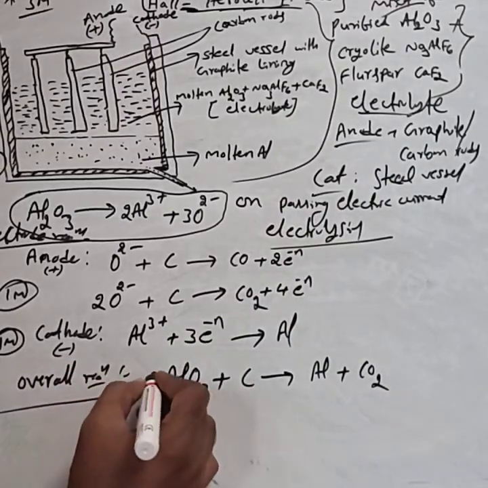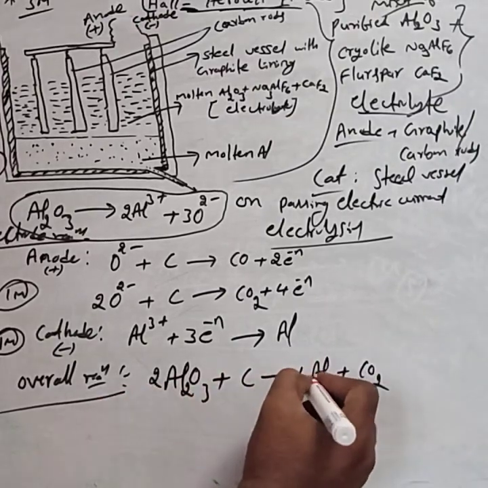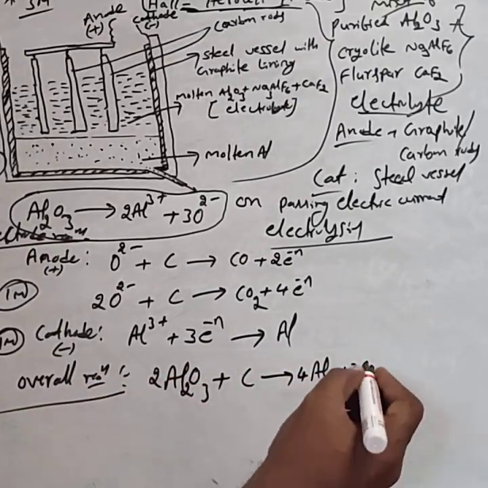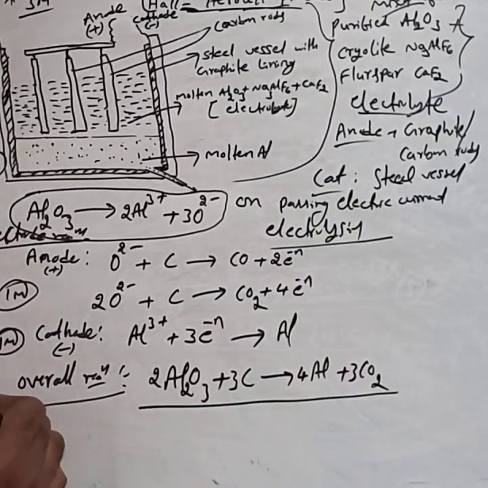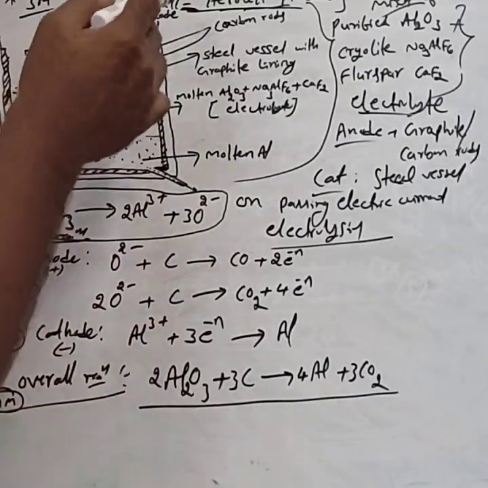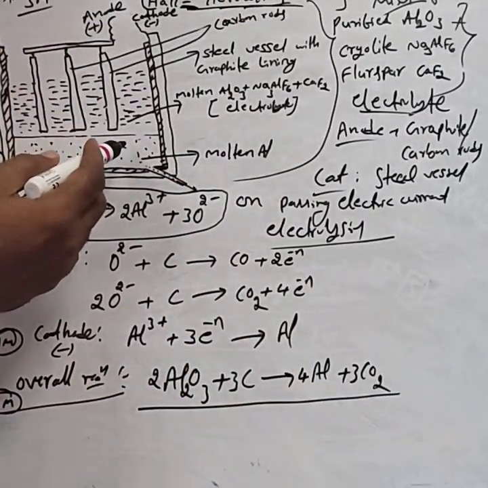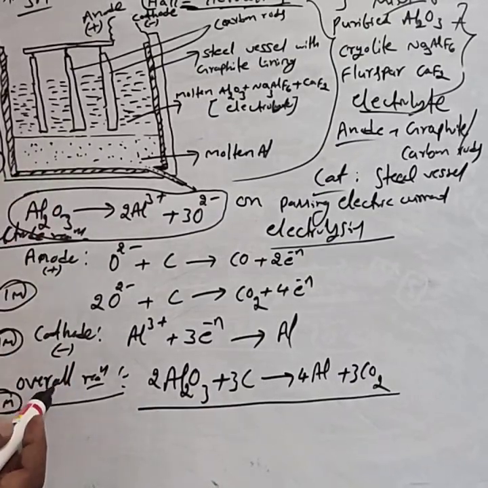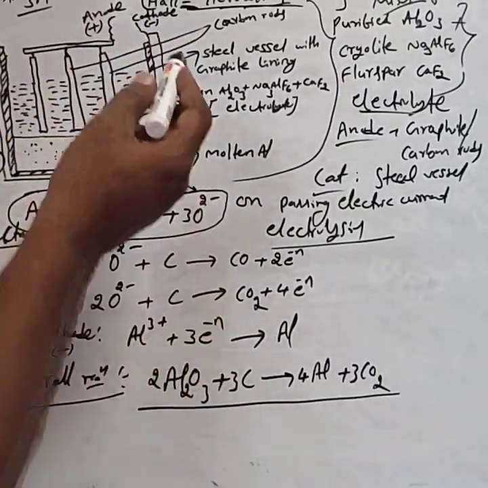To balance this reaction, consider 2Al2O3, which gives 4Al; oxygen is 6, hence 3CO2, and so 3C. This is the overall reaction, which carries 1 mark. They can ask by splitting the question: the labeled diagram for 1 mark, the anode reaction for 1 mark, the cathode reaction for 1 mark, or the overall reaction for 3 marks. Any 3 bits they can ask. This is about the extraction of aluminium.